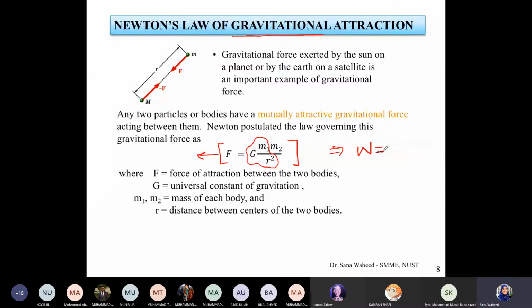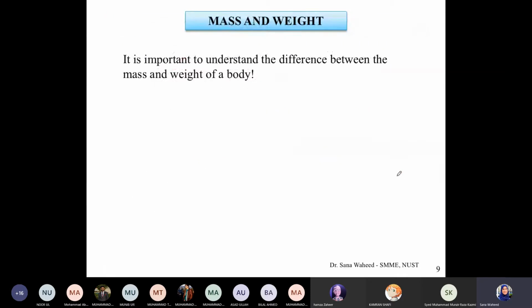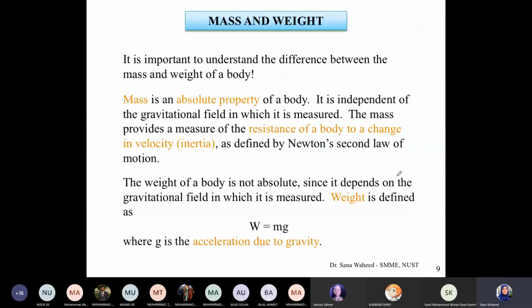So my weight will be given by my mass m times g, where this g is a constant coming from combining these 3 terms together. And this small g is known as the acceleration due to gravity.